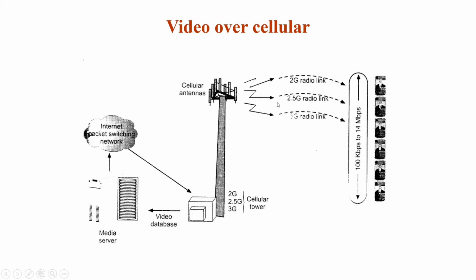If you are transmitting with 2G, you will have a 2G radio link, 2.5G radio link, and 3G radio link. The data rate will be 100 kilobits per second to 14 megabits per second. Depending on which generation radio link you are using, your quality will vary. For third generation, higher quality video will be received.